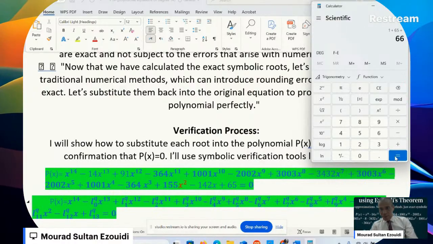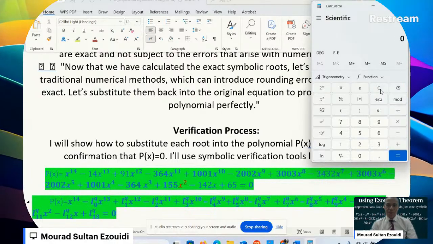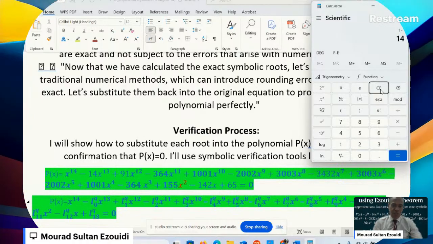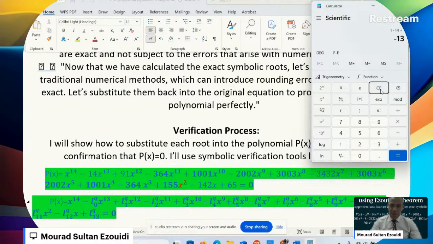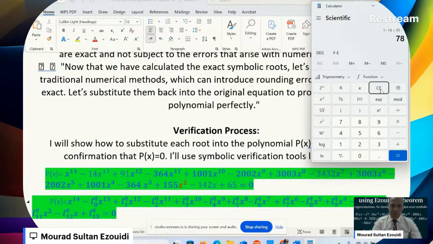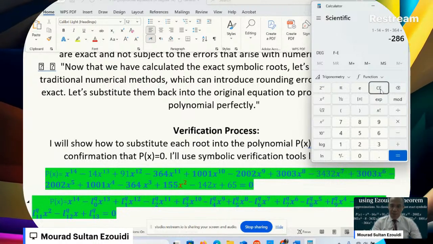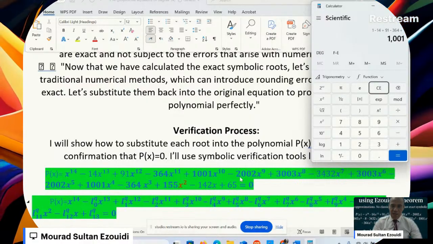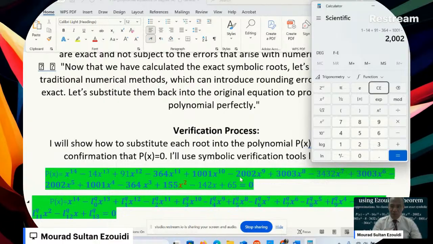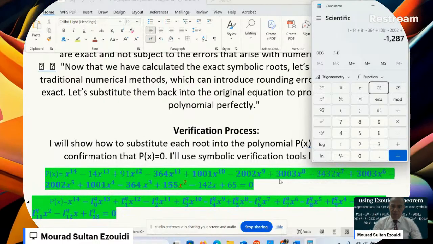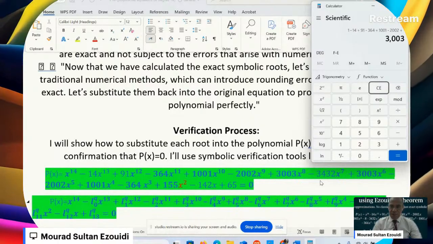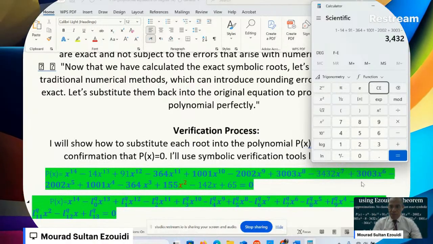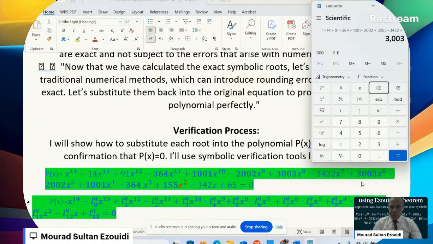How does it come to one? Okay, I will do it again. So we said 1 minus 14, I wrote 13 before. Minus 14 plus 91 minus 364 plus 1001, minus 2002 plus 3003 minus 3432 plus 3003.